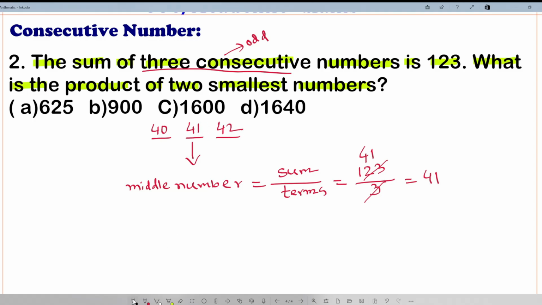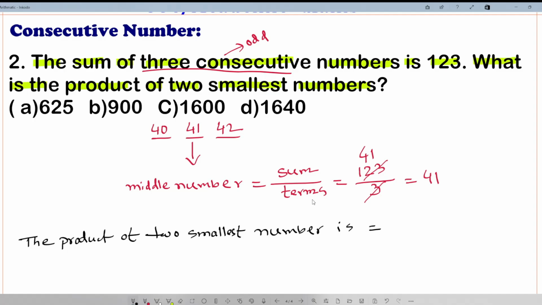Now our question: what is the product of the 2 smallest numbers? So we can write the product of the 2 smallest numbers is, the first one is 40 and the second one is 41.